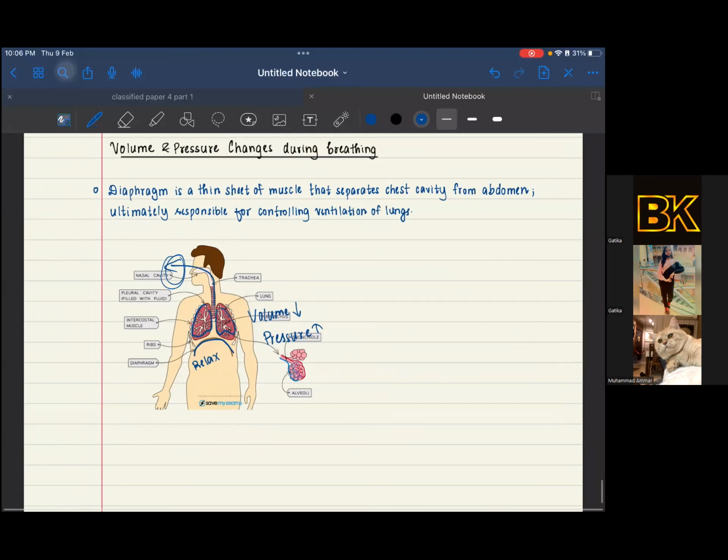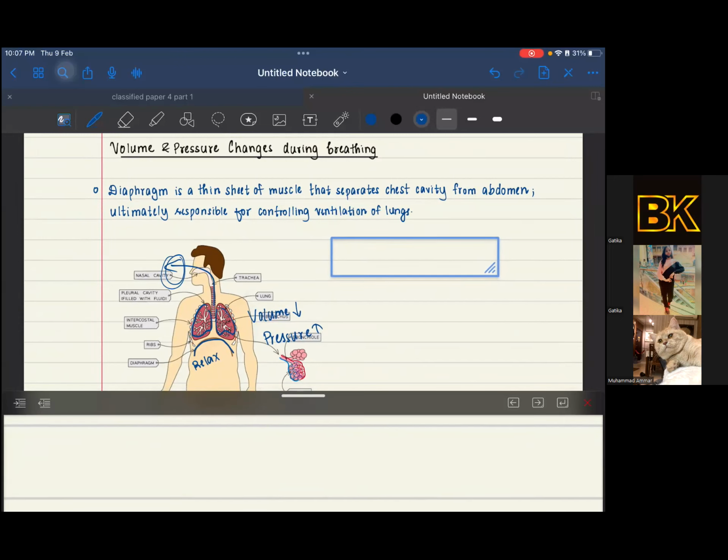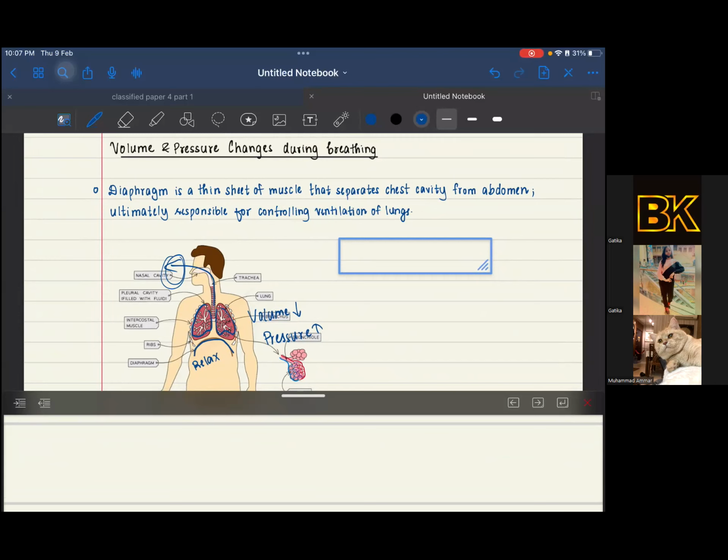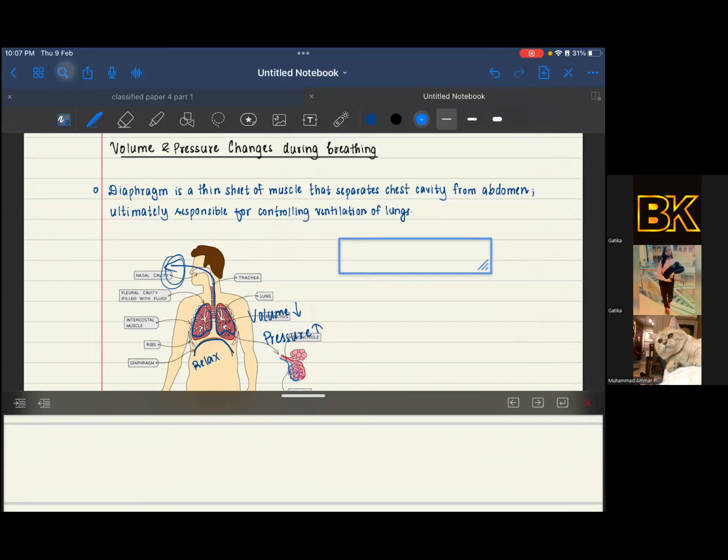That question was basically related to this concept. So once we're done with this, we will look at that. Okay, so two points. In the exam they will basically give you the whole sequence. They will ask you what happens during inhalation.